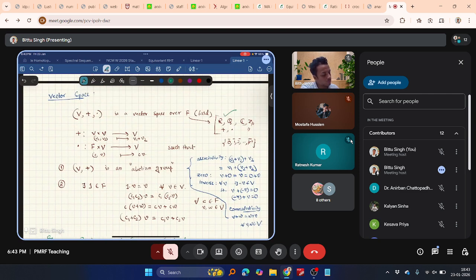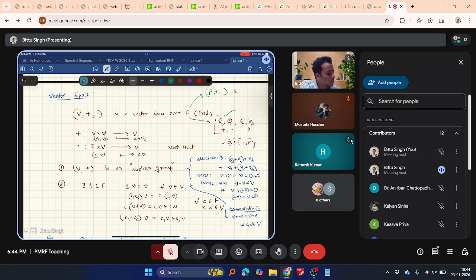So let me say explicitly what the meaning of field is. A field means, again, there are two kinds of operation, addition and multiplication, but instead of F cross V to V, the multiplication here maps F times F to F.